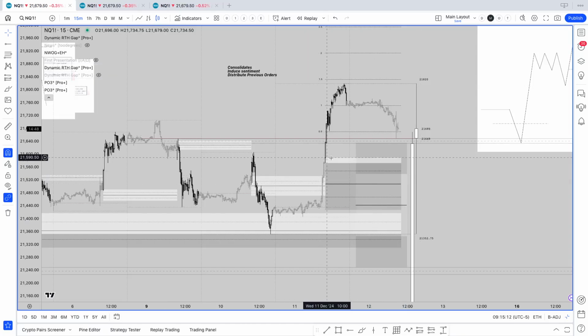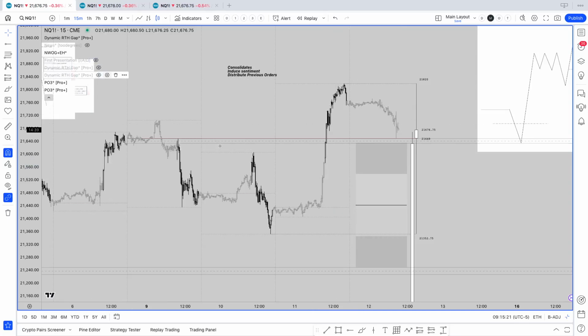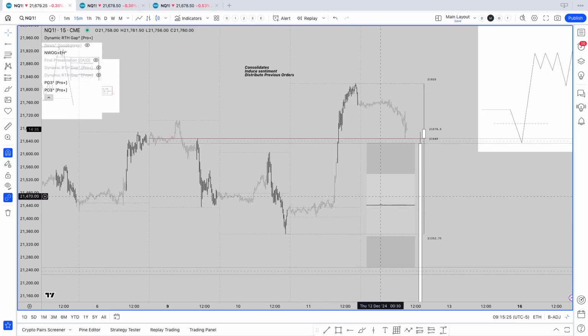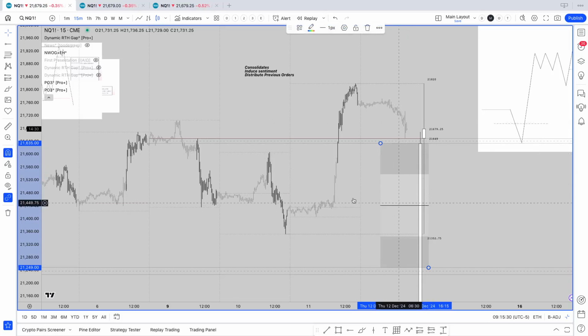You have the open, the close, the consequent encroachment, which could be like the event horizon from this gap, but in this specific case, from the weekly profile, I used it like this. Okay, so quadrants from the event horizon and here.